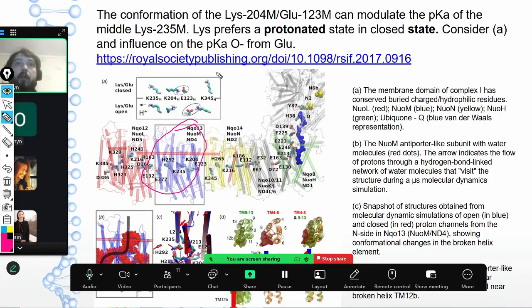So here as an example, you see that when the conformation changes, you see these residues, that's NH3, and when it is in the open conformation, they carry some positive charge, so this is NH3 plus, but they are more close together, and this destabilizes that plus charge, so one of the protons is more willing to leave, so it has a lower pKa, so it wants to go away.